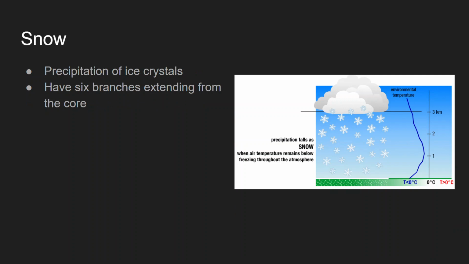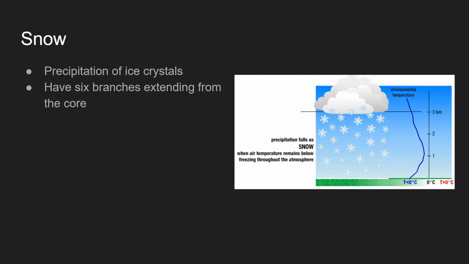Snow. Most people, if you live in the very north or the very south of either the northern hemisphere or the southern hemisphere, have experienced snow before. So snow is basically rain when air temperatures remain below freezing throughout the atmosphere.